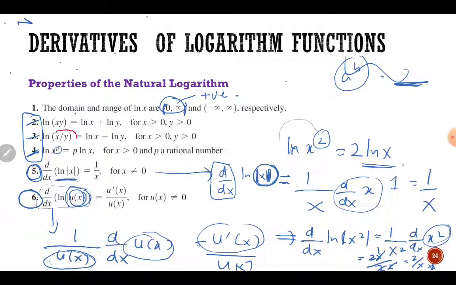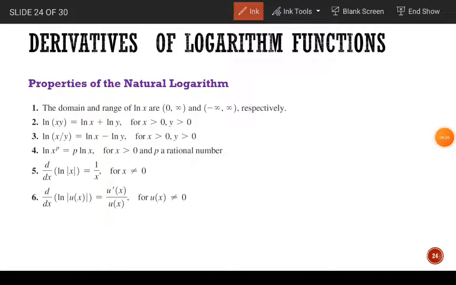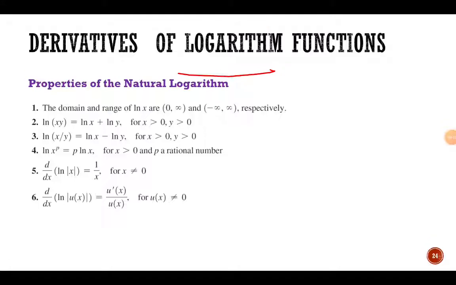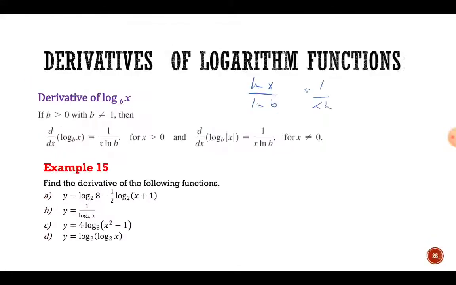We have ln of x over y, which you may split into ln x minus ln y. So in this case, this function becomes... where is the question from earlier?